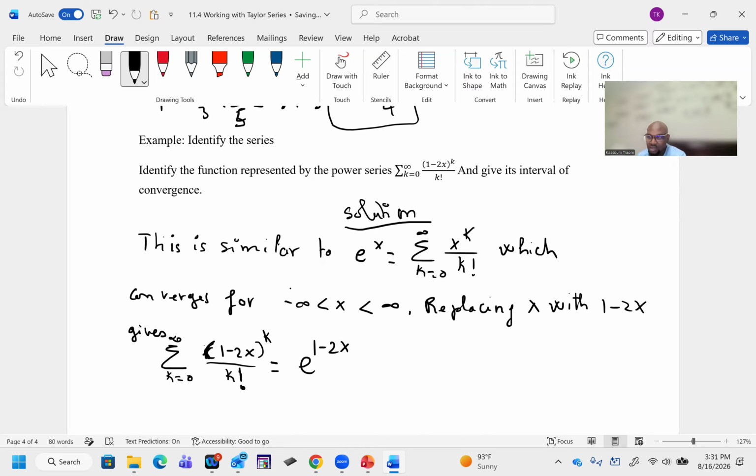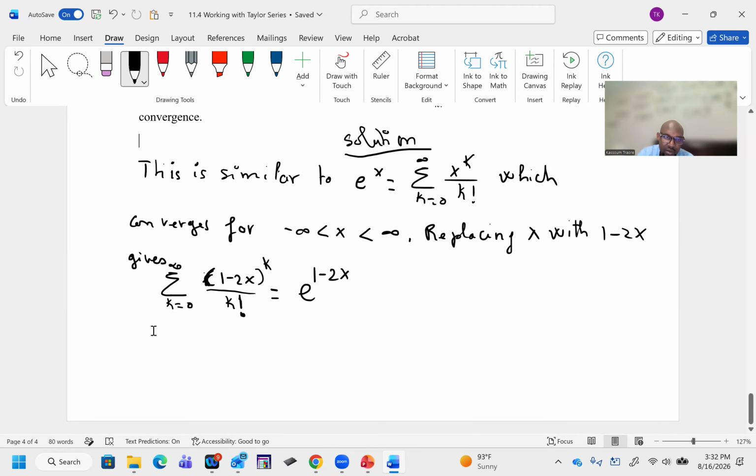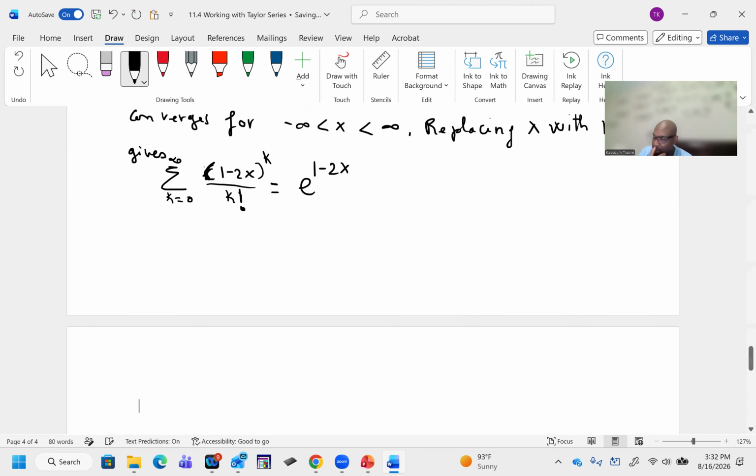So again, for you to show that this is the same thing, we know for e to the power of x, the series converges for negative infinity less than 1 minus 2x less than infinity, right?